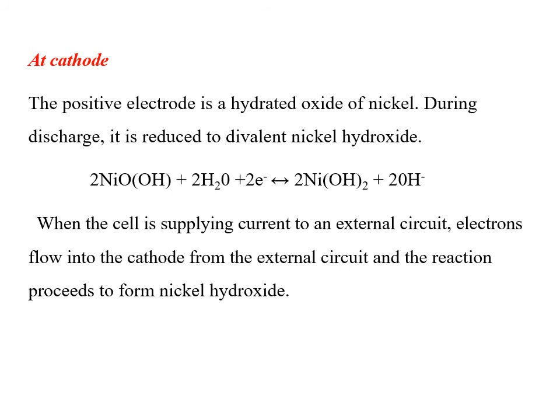When the cell is supplying current to an external circuit, electrons flow into the cathode from the external circuit and the reaction proceeds to form nickel hydroxide.